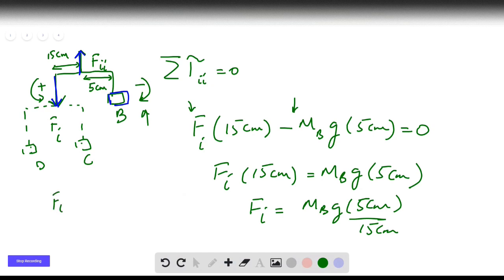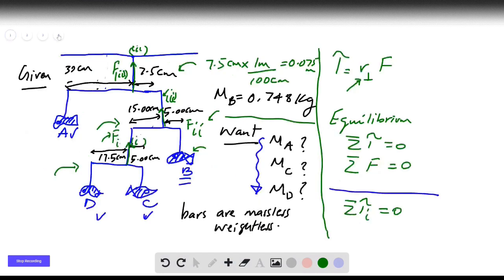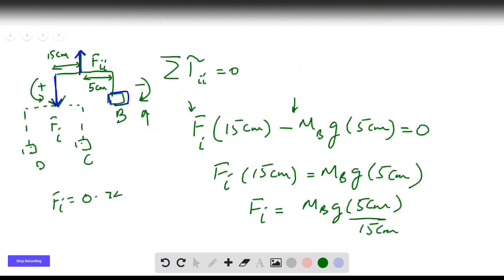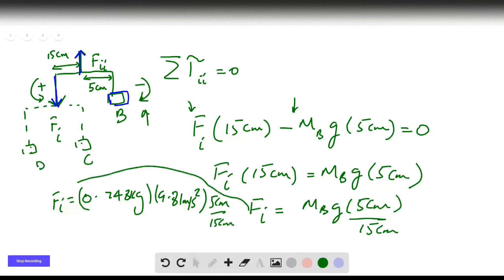F1 becomes 0.748 kilograms times g, which is 9.81 meters per second squared, and then times 5 centimeters over 15 centimeters. We're just using that formula.